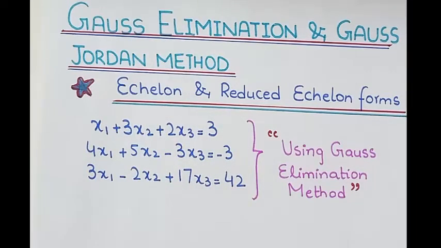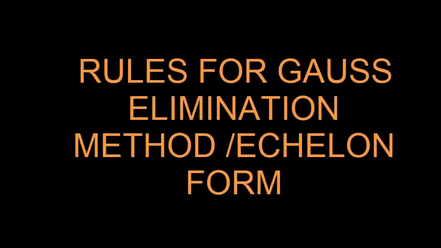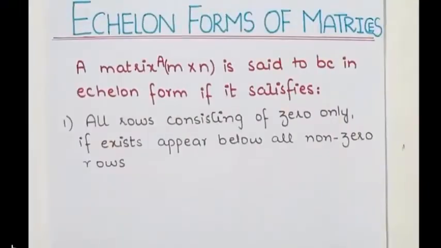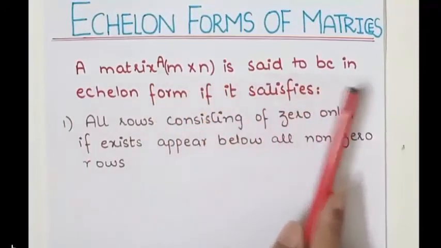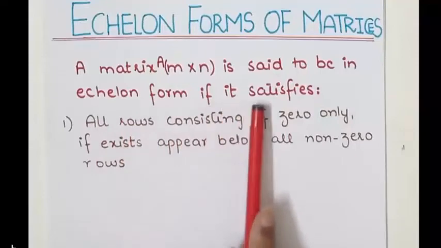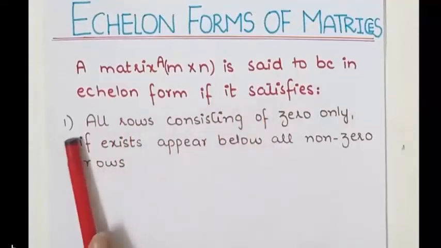So what are the rules of a matrix to be in echelon form? Let's take a look at our previous lecture. Number 1 says a matrix A whose order is m cross n is said to be in echelon form if it satisfies property number 1.